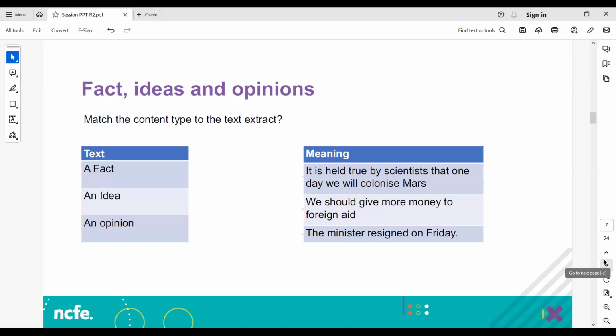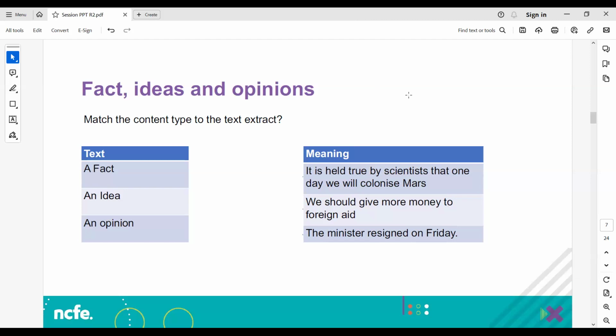Okay, so the statements we've got: it is held true by scientists that one day we will colonize Mars. We should give more money to foreign aid. The minister resigned on Friday. Okay, so which one of those is a fact?